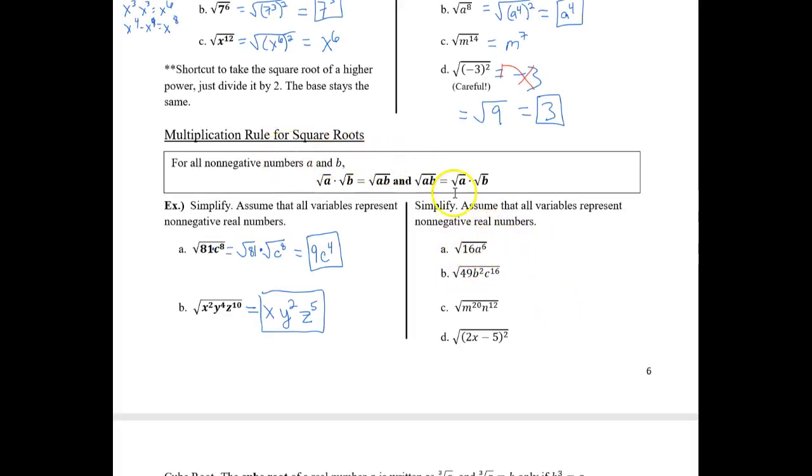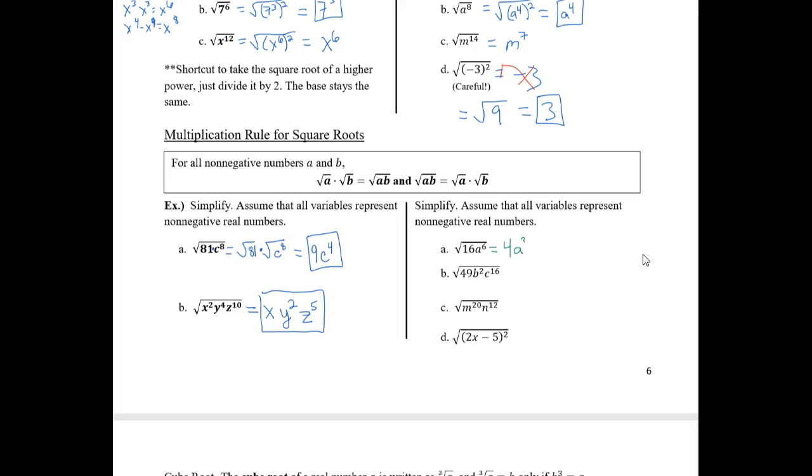Alright, using that multiplication rule of square roots, I can take the square root of all the products separately underneath that radical. So the square root of 16 first. Well, 4 times 4 would give me 16. The square root of a to the 6th. 6 divided by 2 is 3.